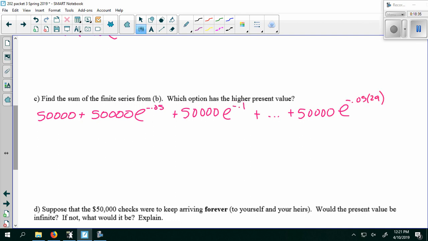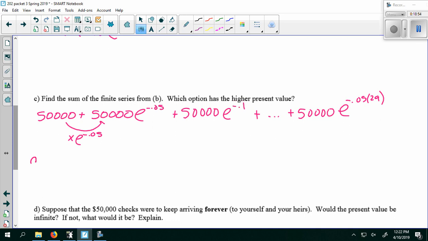Okay, this is geometric. My constant multiplier is e to the negative 0.05. What do you multiply 50,000 by to get 50,000 e to the negative 0.05? E to the negative 0.05. And that works if you keep multiplying by e to the negative 0.05.